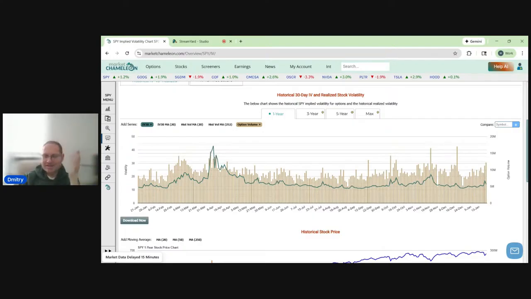Because it doesn't necessarily exist, even if you have an expiration listed today that's 30 days DTE, tomorrow it's 29, next day is 28, 27. Eventually that option expires and goes away.